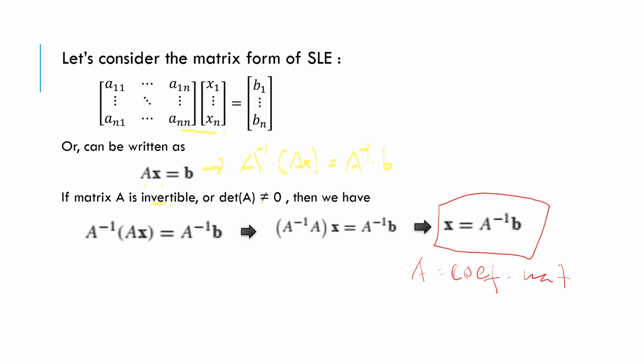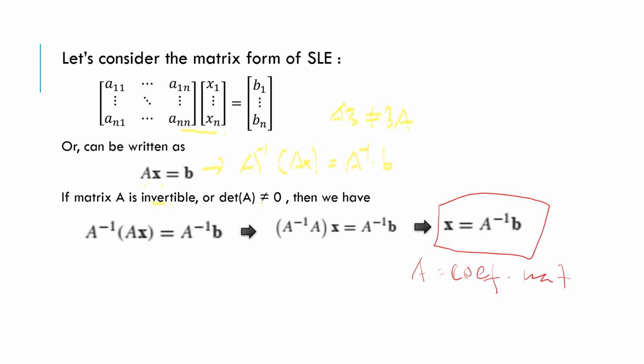Remember, the multiplication of matrices doesn't satisfy the commutative law, which means A times B is not equal to B times A. So if both sides are multiplied by A inverse from the left side, then A inverse lies on the left side of these two matrices.